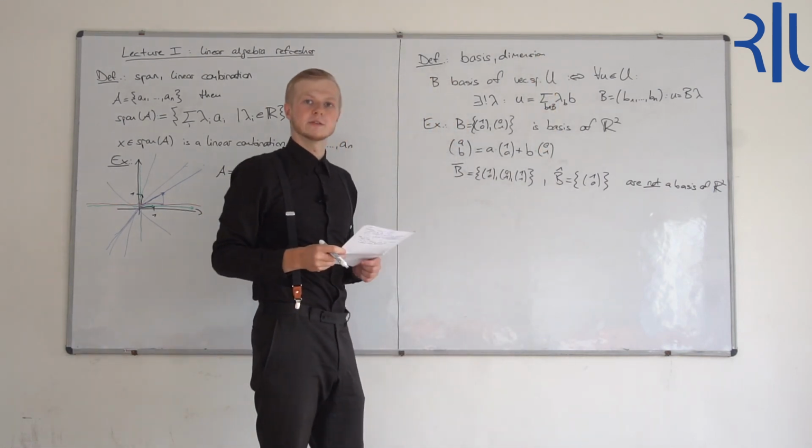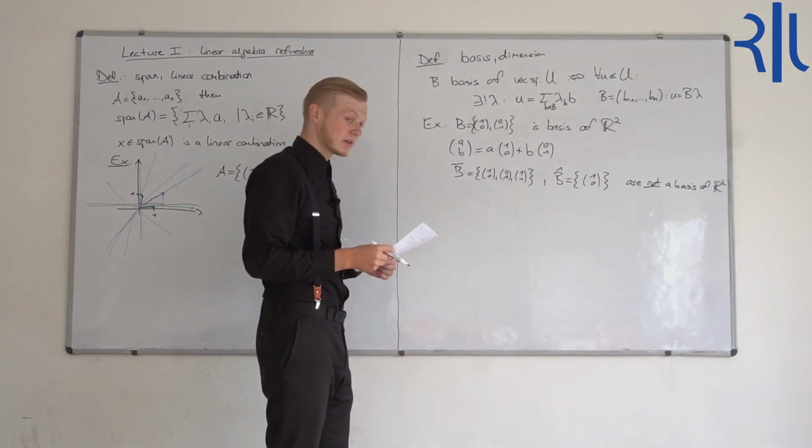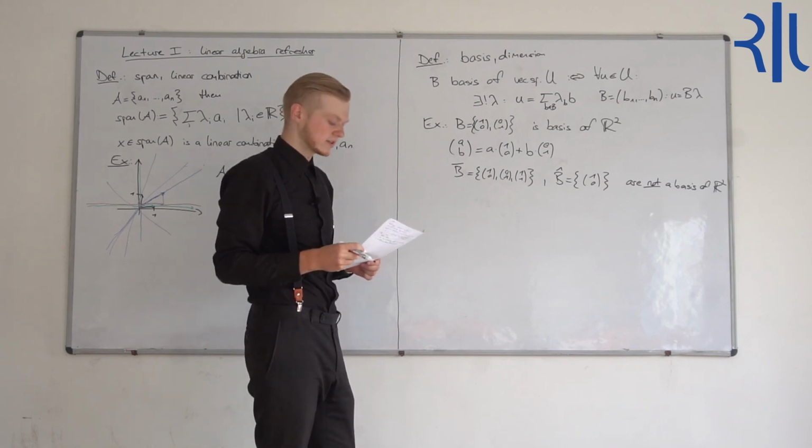We call the dimension of a vector space the size of the basis.